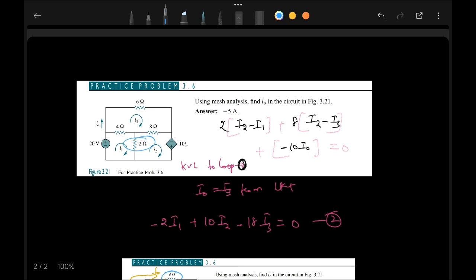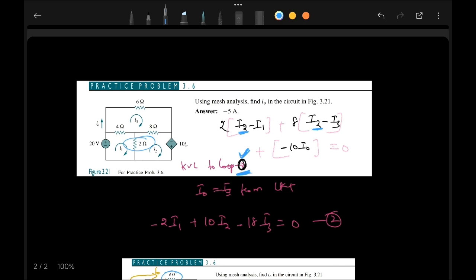Why only I2 minus I1? Because I am applying KVL to loop 2, so the current I2 is assumed to be bigger than any other current in the circuit. Here we should not write I1 minus I2.